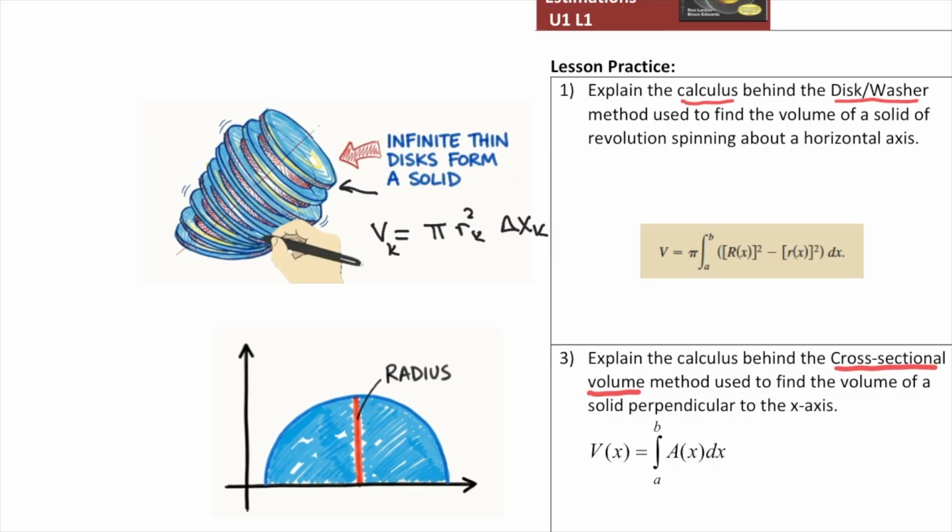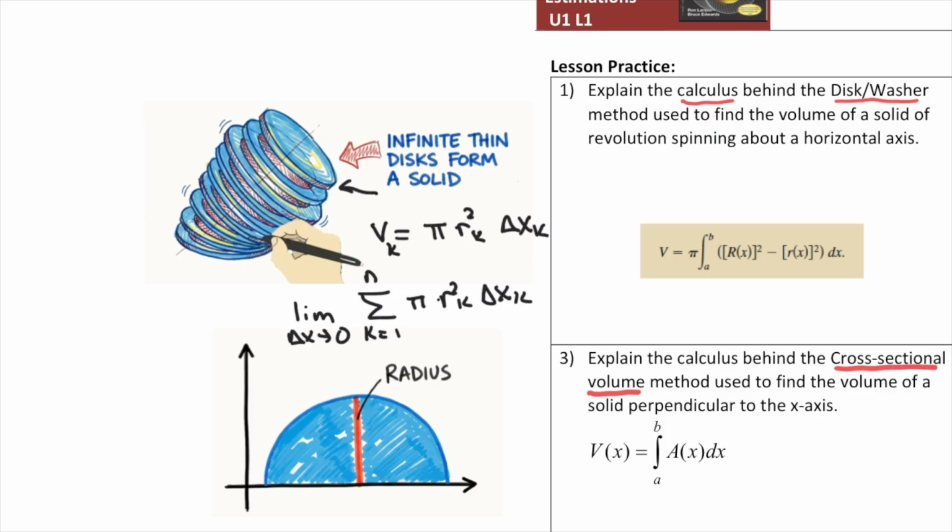So the volume of each slice can be given by an area formula multiplied by the thickness. Now, as the thickness goes to an infinitely small amount, if we were to add each of these different slices of volume, there's our pi r_k squared, delta x_k, where k is equal to 1 to n.